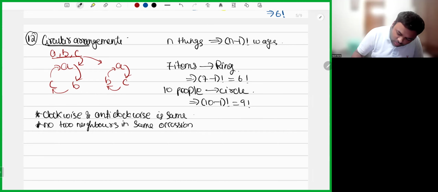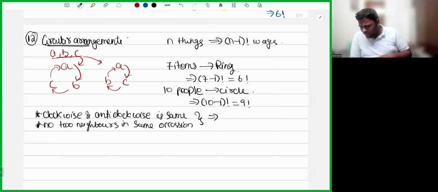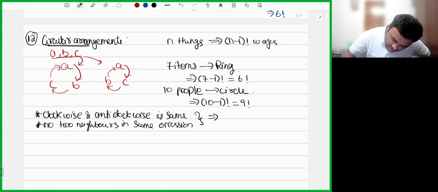In both the cases, what will be the answer? When I am telling clockwise and anti-clockwise is same, either you form them clockwise or anti-clockwise, the answer will remain same. Garland is there. Either you throw like this or you make it reverse and throw. Nobody cares. In this case, my dear friends, we'll be using n minus 1 factorial by 2 ways.